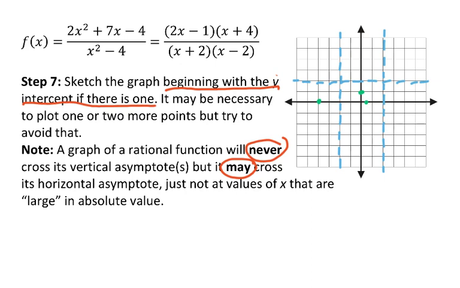I am going to start, like I suggest, at the y-intercept, which is at 1. As I look to the left of that graph, notice that I've got a vertical asymptote 2 units to the left of it, and that's a line that I need to approach. And we might wonder, well, will I approach that vertical asymptote going down?